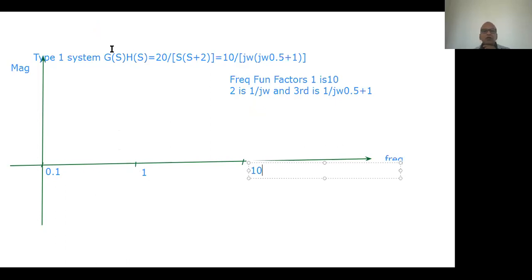Then here the corner frequency is again equal to say 2, omega c equal to say 2 radians per second.